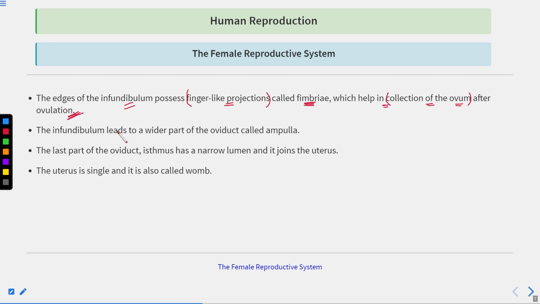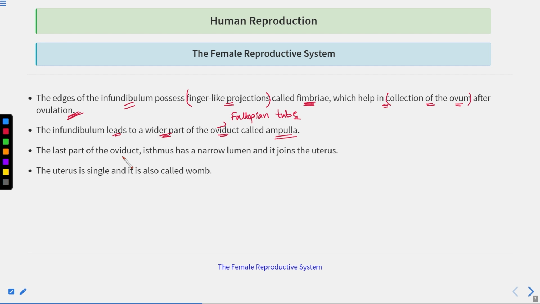Now, the infundibulum leads to a wider part of the oviduct. Oviduct, what was oviduct? It was the fallopian tube. This wider part is known as the ampulla. Clear? So in the image, we have also seen this ampulla.